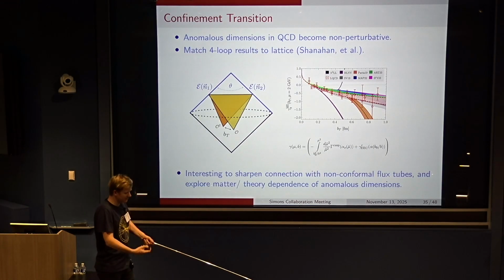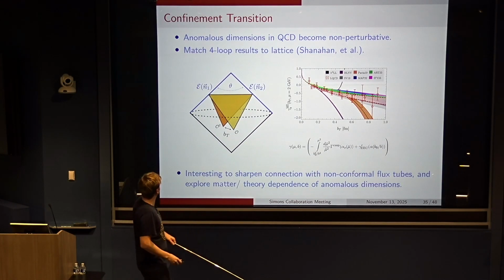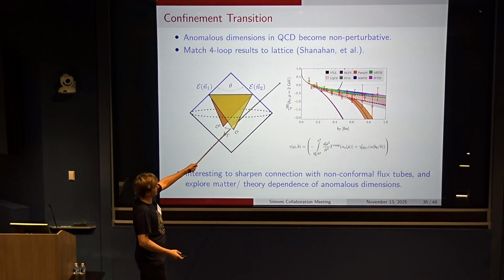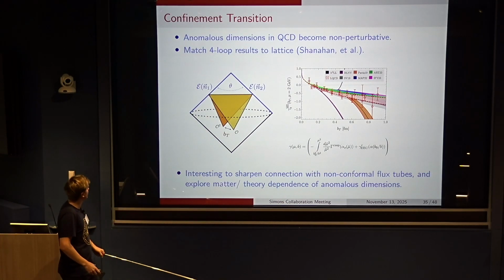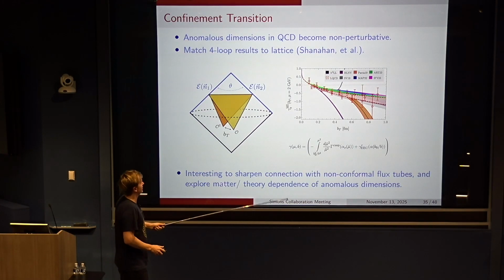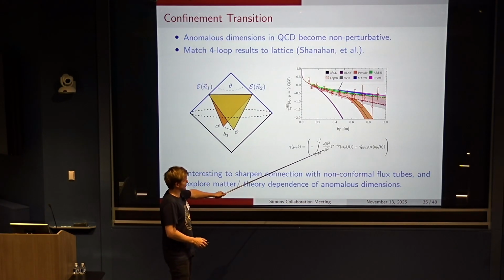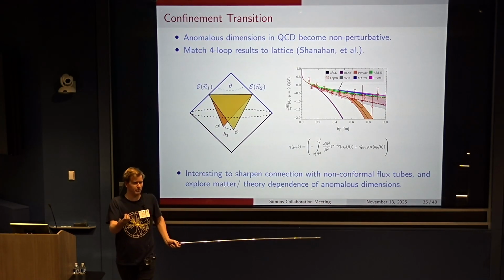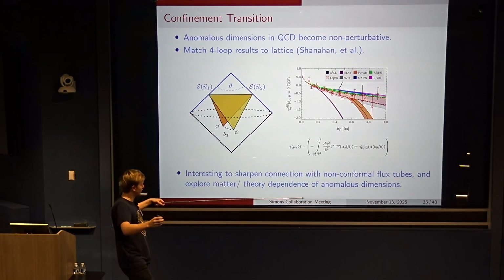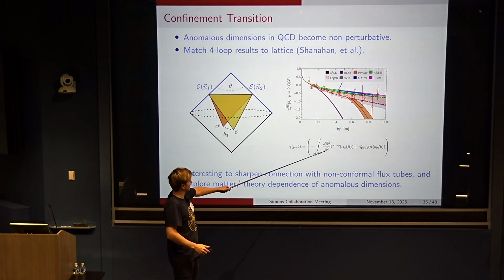OK, so there are two additional comments which I wanted to make about this back-to-back limit. The first is actually a very nice overlap with certain lattice results of Fiala, who's part of this collaboration. One neat thing is that in this back-to-back limit, in the real world, instead of evaluating this cusp anomalous dimension, which I mentioned, at some fixed value of the coupling, as you're probing different values of the coupling, you're actually sweeping over the value of this anomalous dimension at which you're probing it.